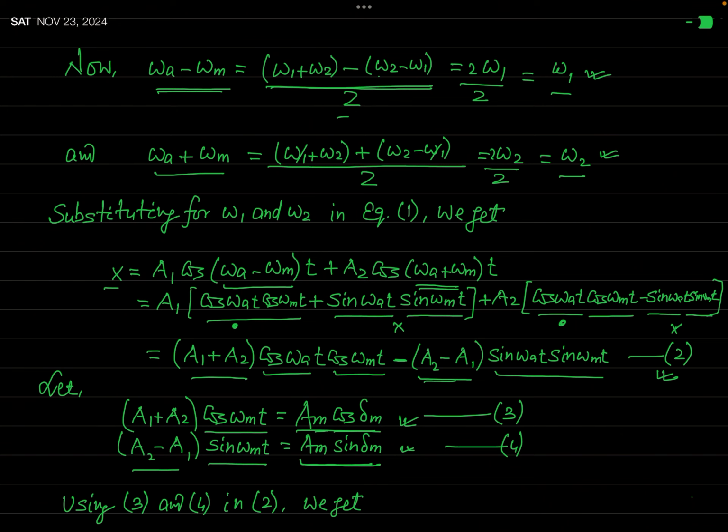You can look at equations 3 and 4. If your aim is to find Am, then you must eliminate delta m. And for this, let us square equations 3 and 4 and add them. When you add equations 3 and 4 after squaring, you will get the value of Am.